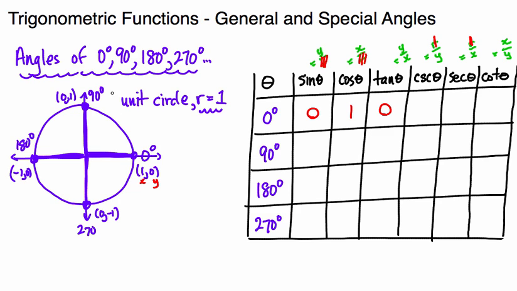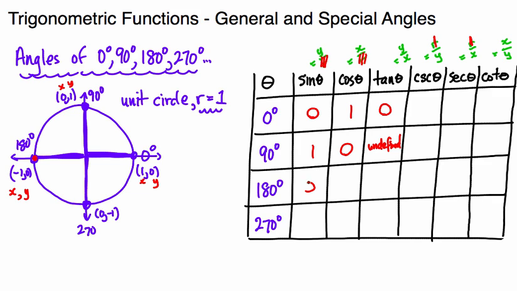And then at 90 degrees, we get a y value of 1 and an x value of 0, and the y value divided by the x value, 1 divided by 0, we can't have that, so we call that undefined. At 180 degrees, I now have an x value and a y value of negative 1 and 0.